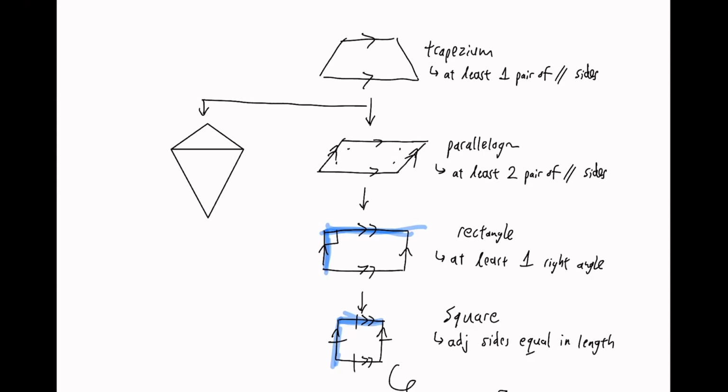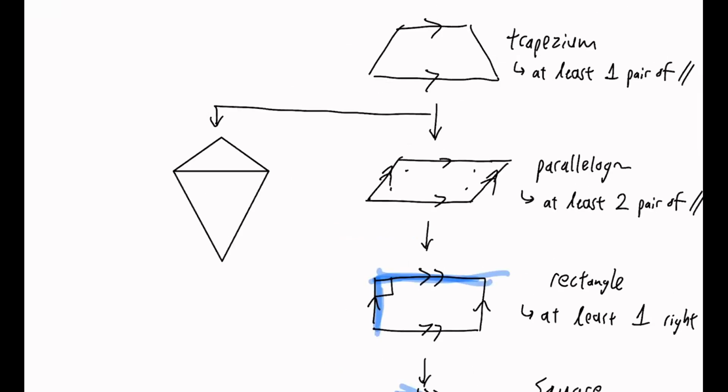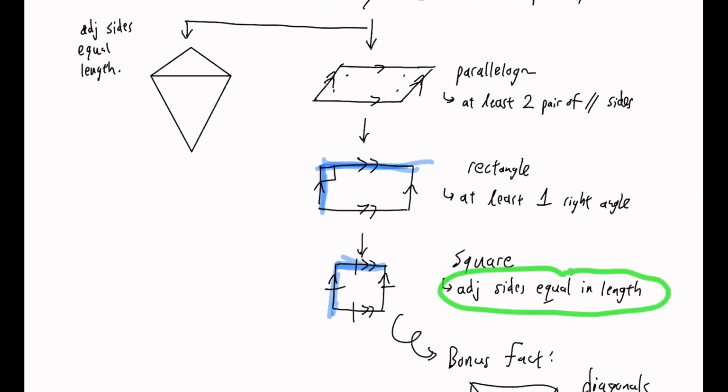So this one says you need adjacent sides equal in length. The condition for adjacent sides equal in length already appeared over here, right? Let me think. I'm remembering this wrongly.